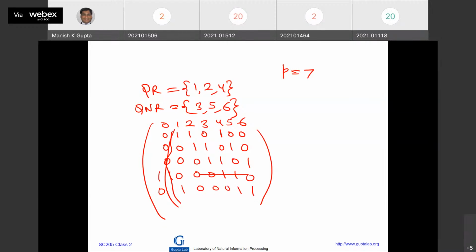Then 1, 0, 1, 0, 0, 0, 1. एक और होगी क्या? 1, 1, 0, 1, 0, 0. This is a P by P matrix actually, 7 by 7 matrix.